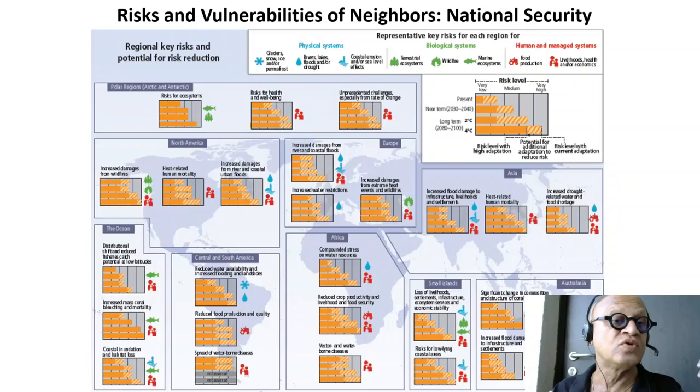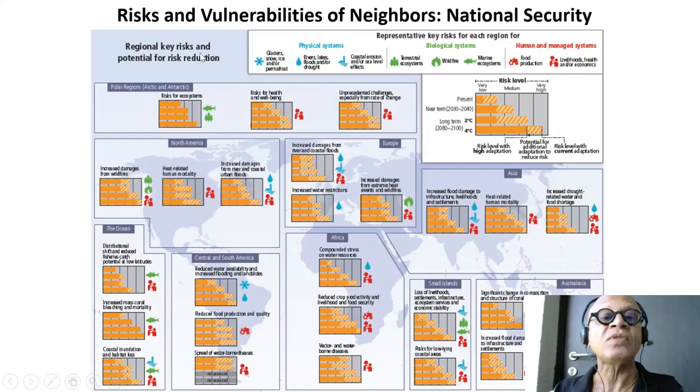It's related to global activities, plus the vulnerabilities and risks of your neighbors will become eventually your problem. So you have to make plans that reduce the overall geopolitical risk and vulnerability that may be triggered by climate-induced crises like sea level rise or droughts, desertification, and so on.